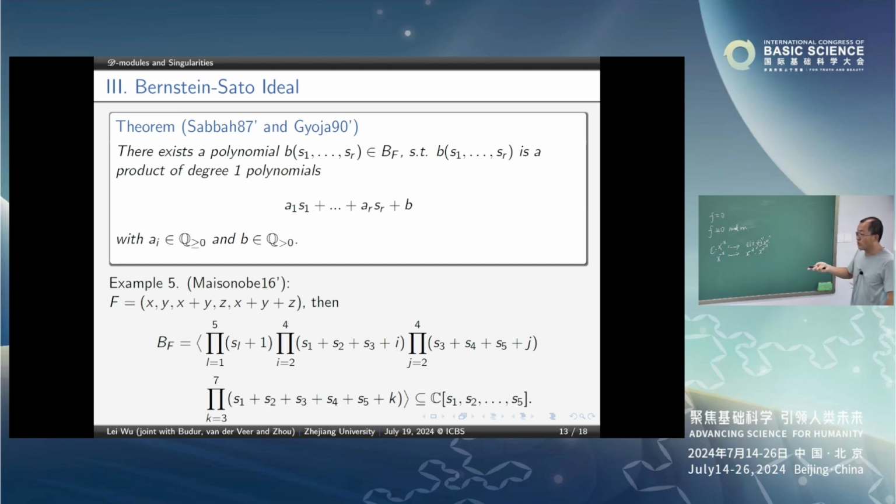Anyway, the point that I'm going to emphasize is that this BF in general can be calculated by computer, but usually it's hard.